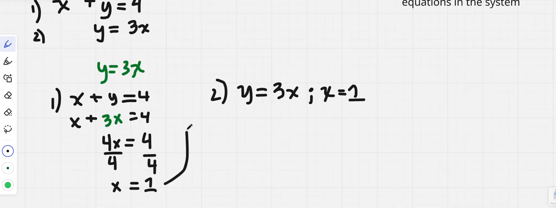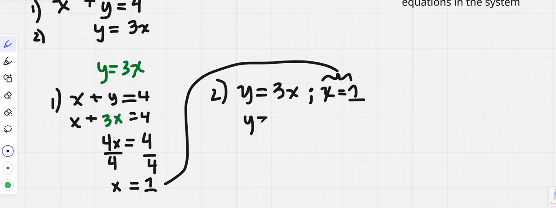This is where we get that from. So instead of x, we're going to put the number 1. So we have y equals 3 times 1. We're going to get y equals 3.